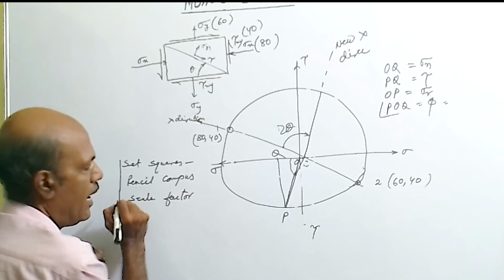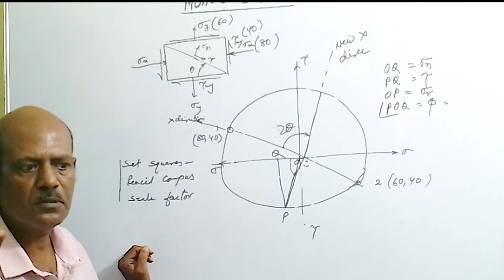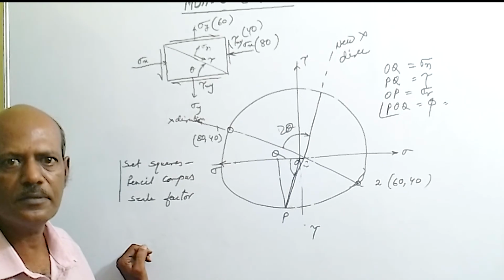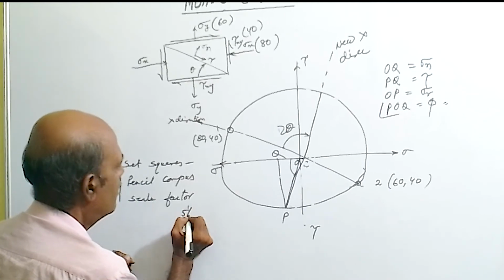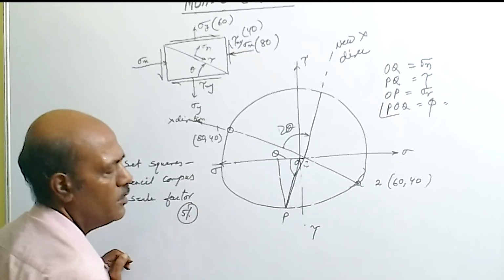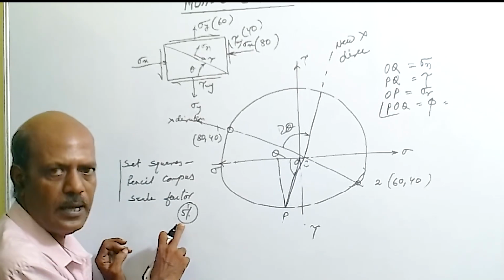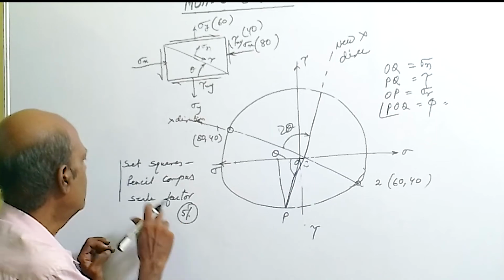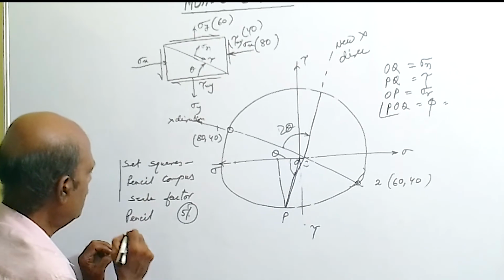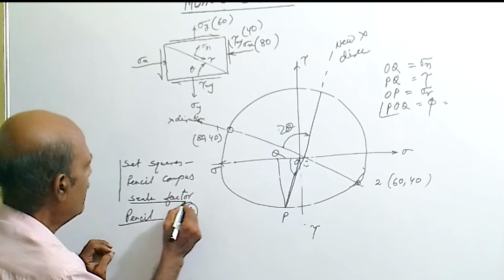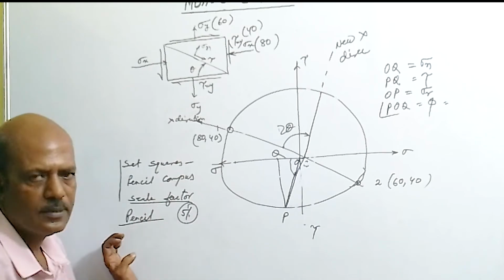The result obtained by the analytical method may not exactly match, it may vary by 5%, which is acceptable. To get accuracy in this result, your pencil should be sharp, and you have to follow the scale factor, and then the pencil compass and set square.